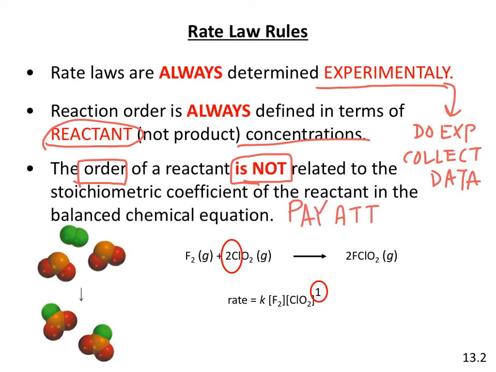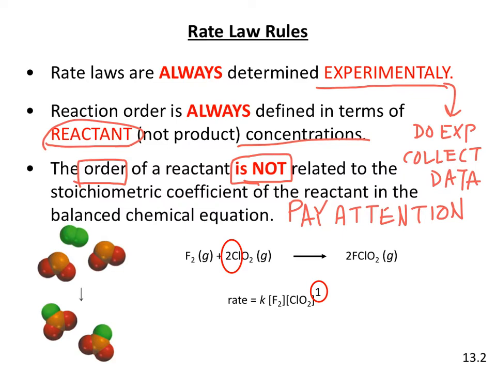It's a place where if you're not really thinking about it, you could forget and use the coefficients of a balanced equation and call them the orders of the reaction, and that's not the case. And the whole term order is something we're going to be looking at very soon.